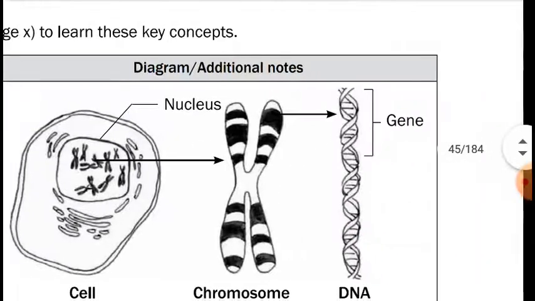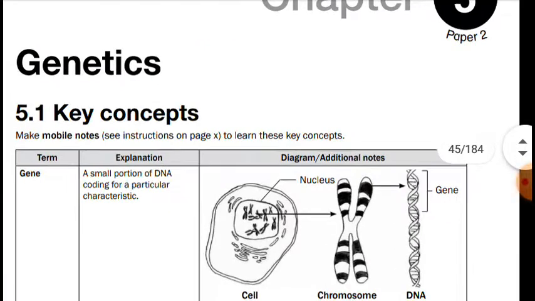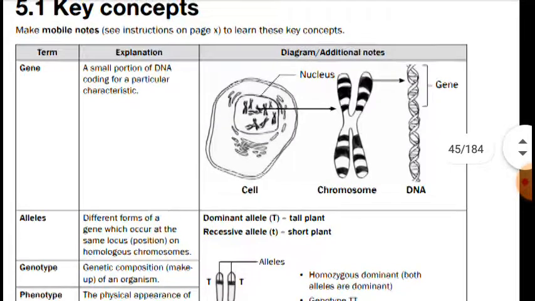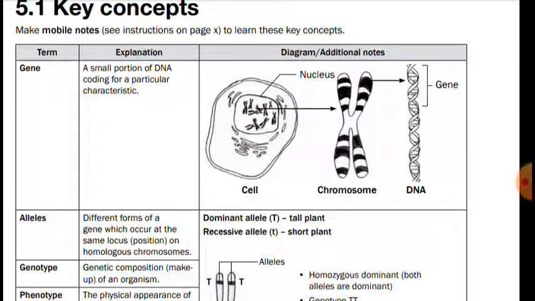The gene is always coding for a particular characteristic in its position.